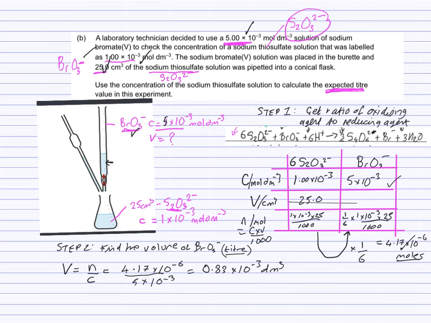Now this gives us a really small number, but remember that's in decimeters cubed. We multiply it by 1,000, that tells us we've used 0.83 centimeters cubed from the burette, which is a really, really small titer. And that's not much use. That will reduce your accuracy.